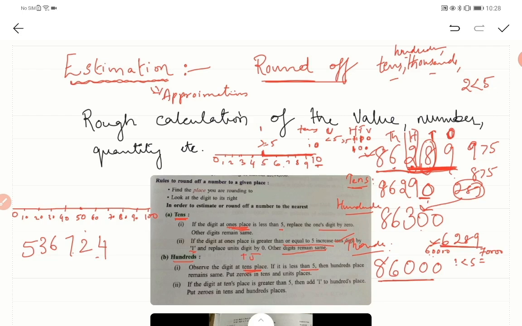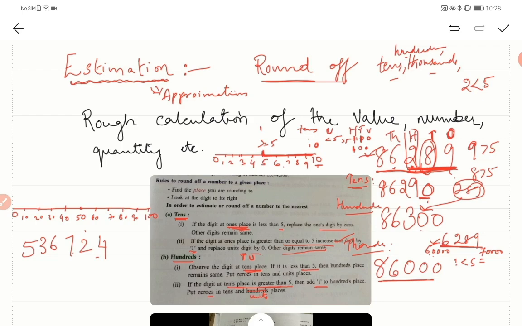The rest of the digits will remain the same.